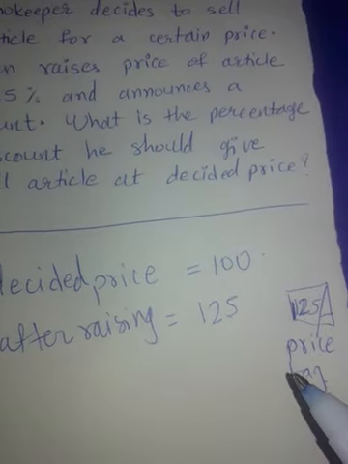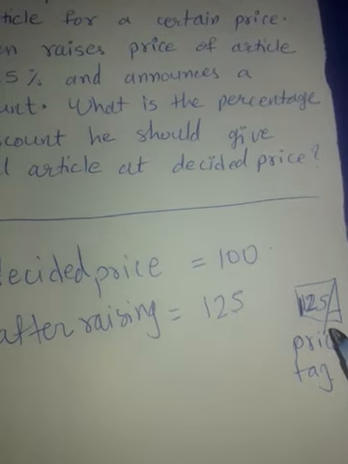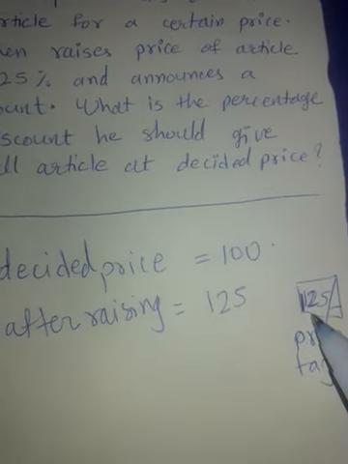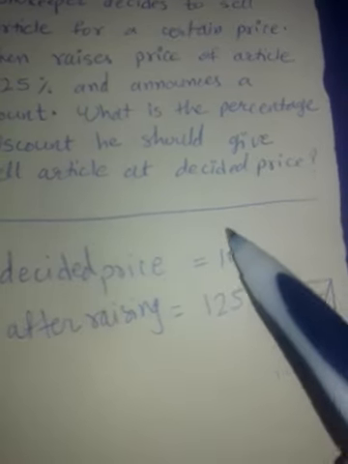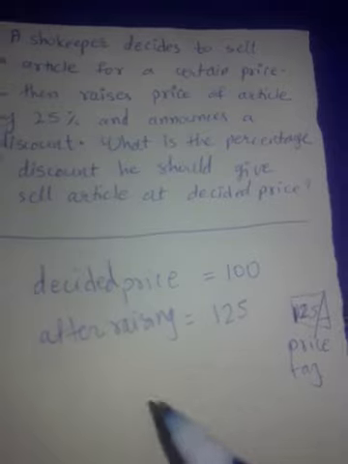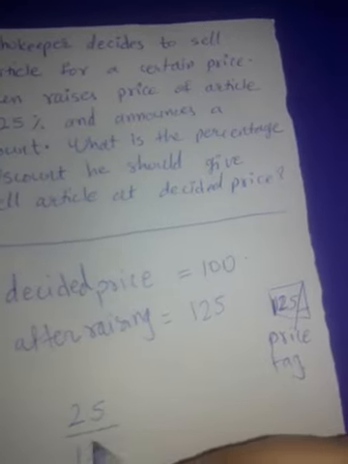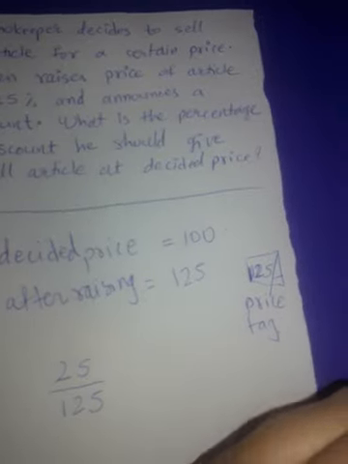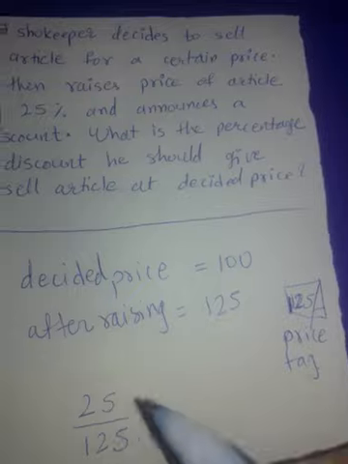So he will announce a discount of 25 so that the price becomes 100, isn't it? So a discount of 25 will be announced on 125. Are you getting it?